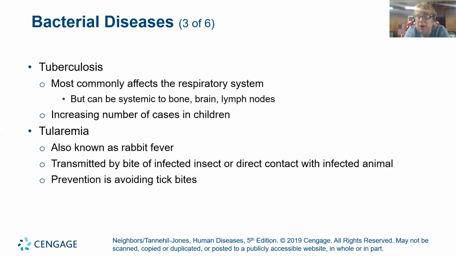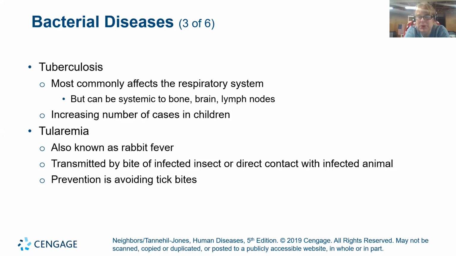It can be picked up on chest x-rays. We are seeing an increasing number of cases in children, and we are not sure why. But once someone gets tuberculosis, they can be given antibiotics to treat it.